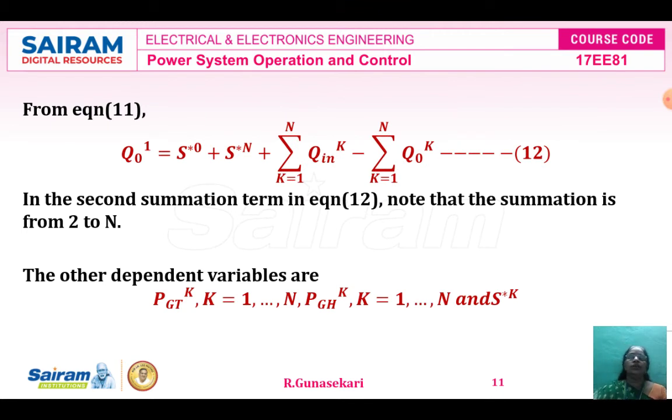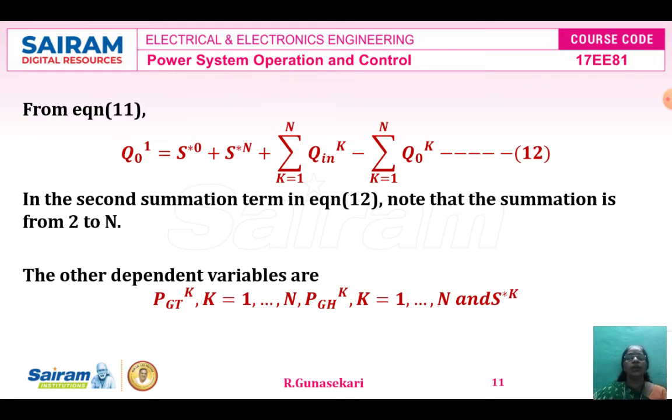Now from equation 11, we can write the equation for the dependent variable Q01 equal to S asterisk 0 minus S asterisk n plus summation of k equal to 1 to n of Q in k minus summation of k equal to 1 to n of Q naught k. That is equation number 12.